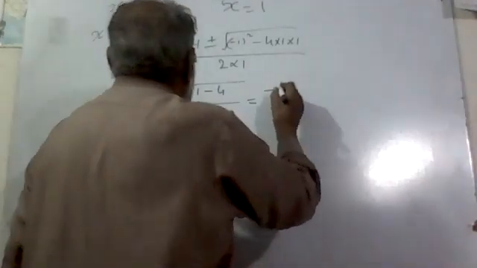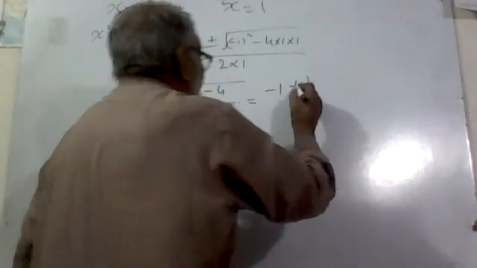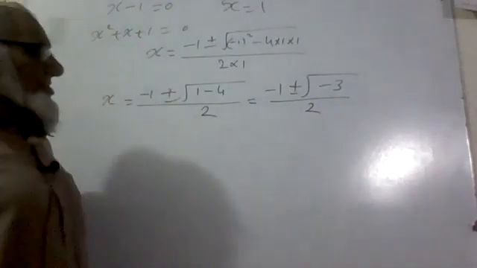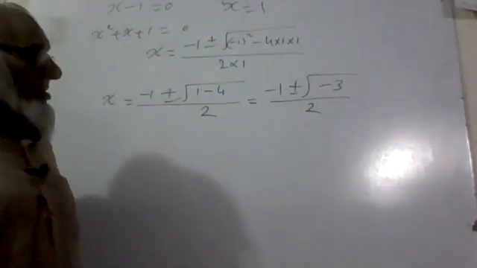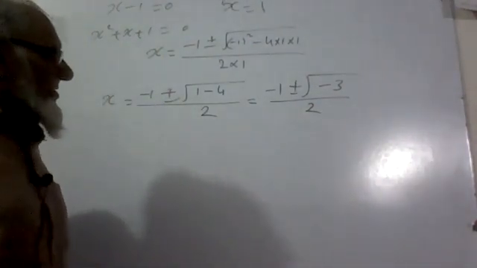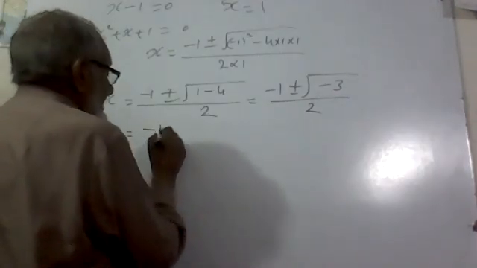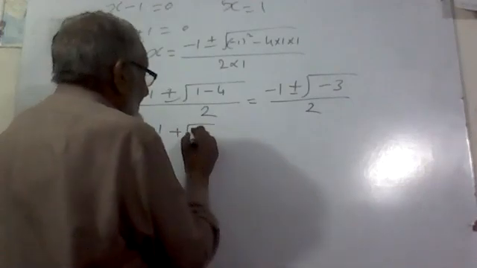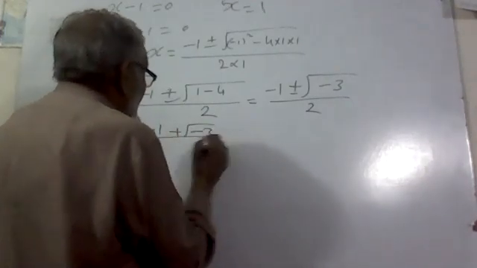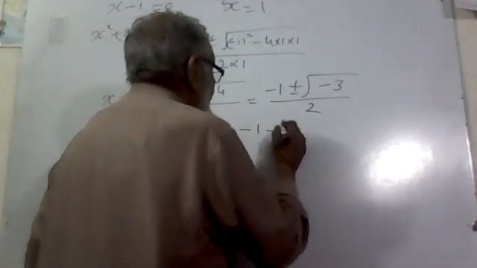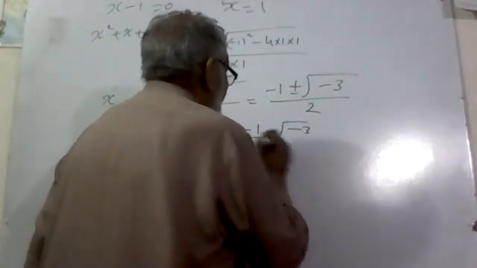This is equal to minus 1 plus minus under root minus 3 divided by 2. These are two imaginary roots, a complex conjugate pair. One is minus 1 plus under root minus 3 over 2, and the other is minus 1 minus under root minus 3 divided by 2.